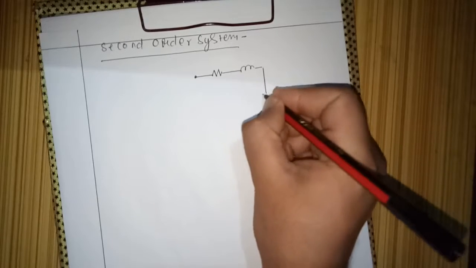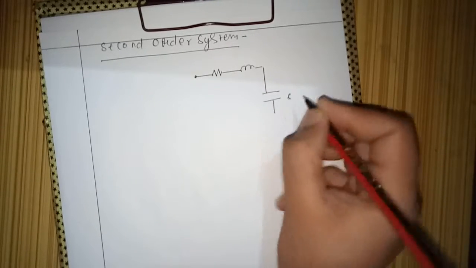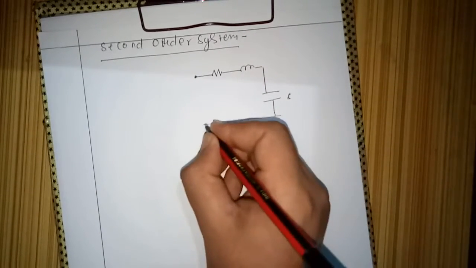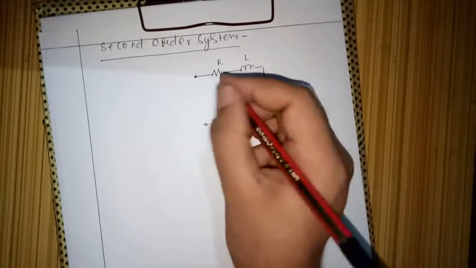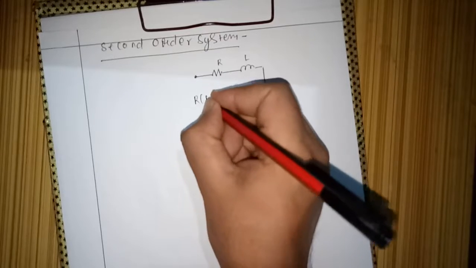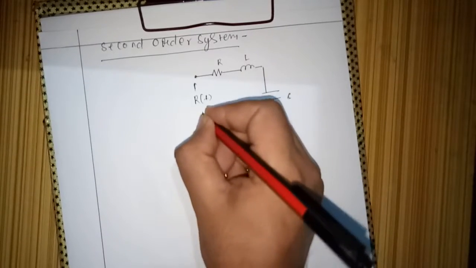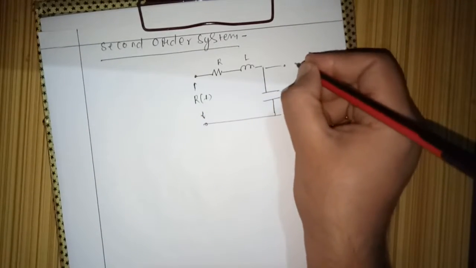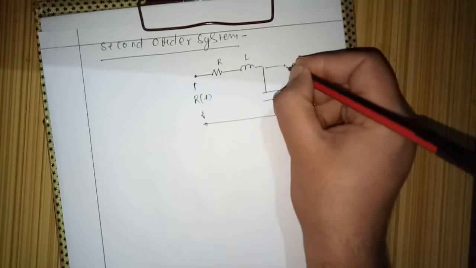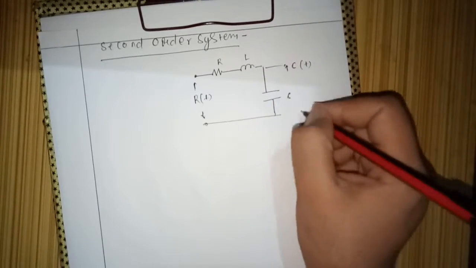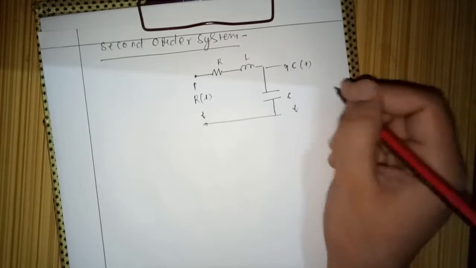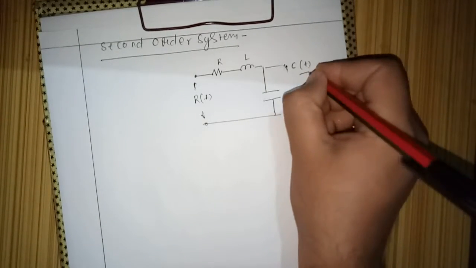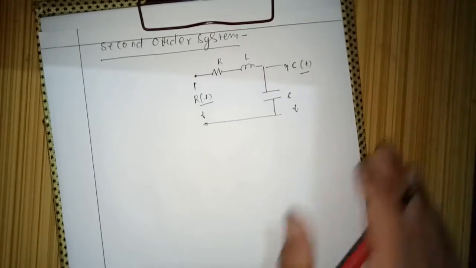R, L, and the output is taken across the capacitor, and this is my second order system. Here it is r(t), right? And here I am taking output across the capacitor, and I denote it by c(t). Without losing generality, I am taking this as output, this as input, right?